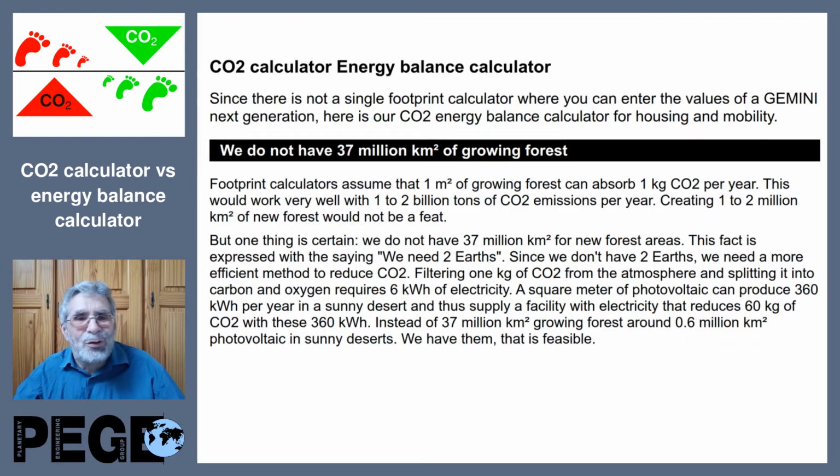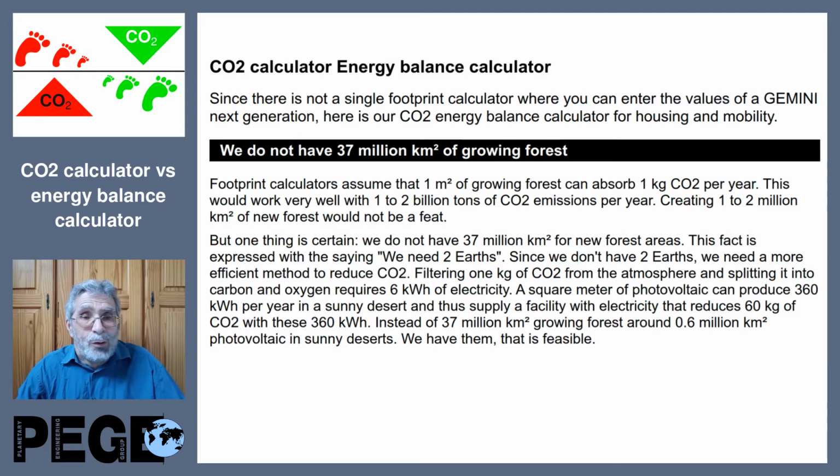But now let's look at a modern calculator, not a CO2 calculator, we call it an energy balance calculator. Any CO2 emission is here 6 kilowatt hours of electricity. Why? There is a theory with the wood. 1 square meter of wood absorbs 1 kilo CO2 per year.